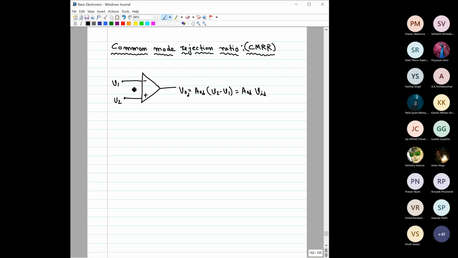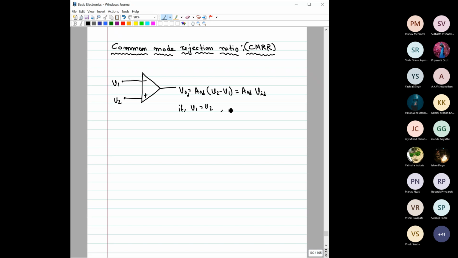First, let us consider a simple op-amp. If you have V1, V2, then the output is expected to be AOD, the open loop differential gain, into the difference between these two inputs, V2 minus V1, which is AOD into VID, the differential input. Now, what will happen if V1 is equal to V2?